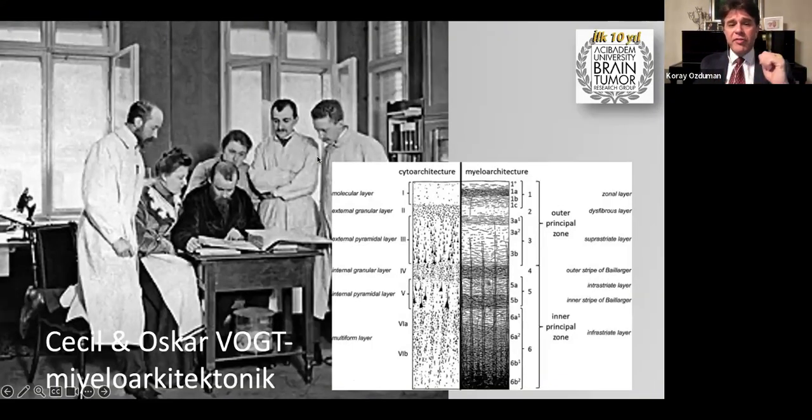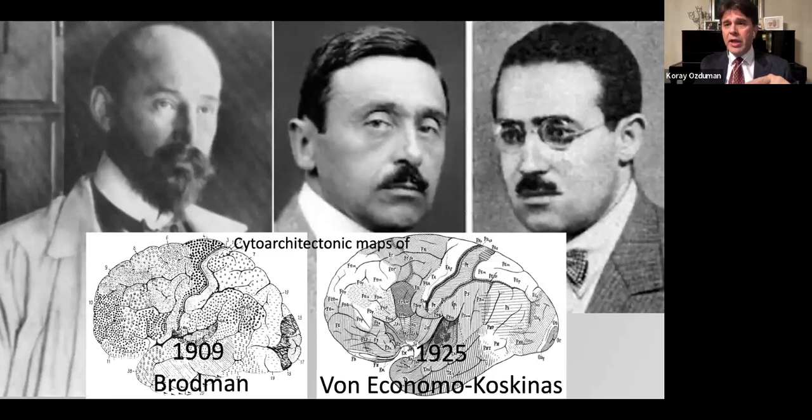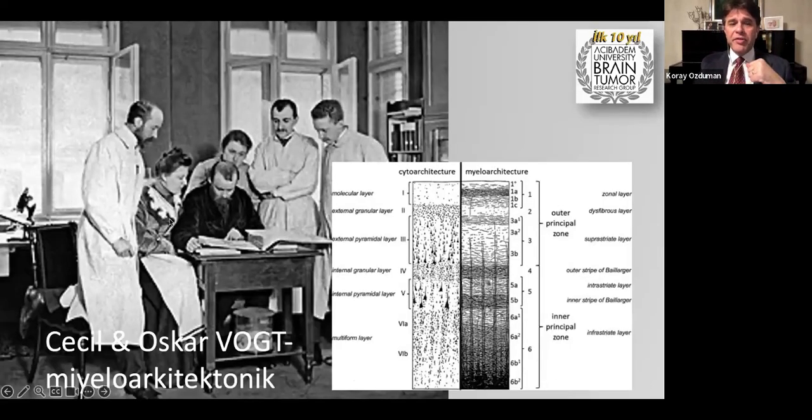These two researchers, both Brodmann and von Economo, were actually pupils of Cécile and Oskar Vogt. The Vogt family was a German family and is a very influential family in understanding brain anatomy. Here you see Brodmann with them. Von Economo is not here with them.